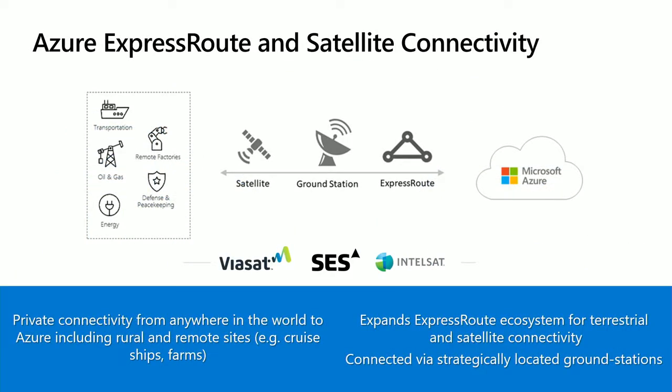We also announced the ExpressRoute satellite connectivity that GA'd today. And what this is going to do is give us the capabilities when you're in remote parts of the world, cruise ships and defense and peacekeeping missions, et cetera. This is going to give the same rich capabilities that ExpressRoute has today, but across the world and in any part of the world. It's not going to be as performant.